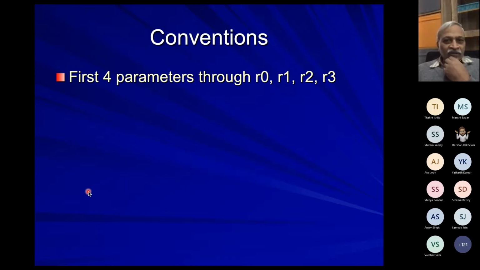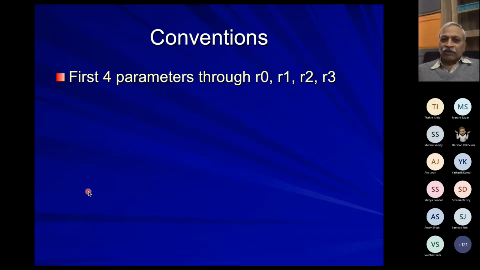Now, there are some conventions which are followed where we sort of combine these two. You may have multiple parameters. If you have a complex procedure, there are many parameters you may be passing. So the convention is to pass first four parameters through registers R0, R1, R2, R3. So this is just a convention. The hardware does not enforce it.